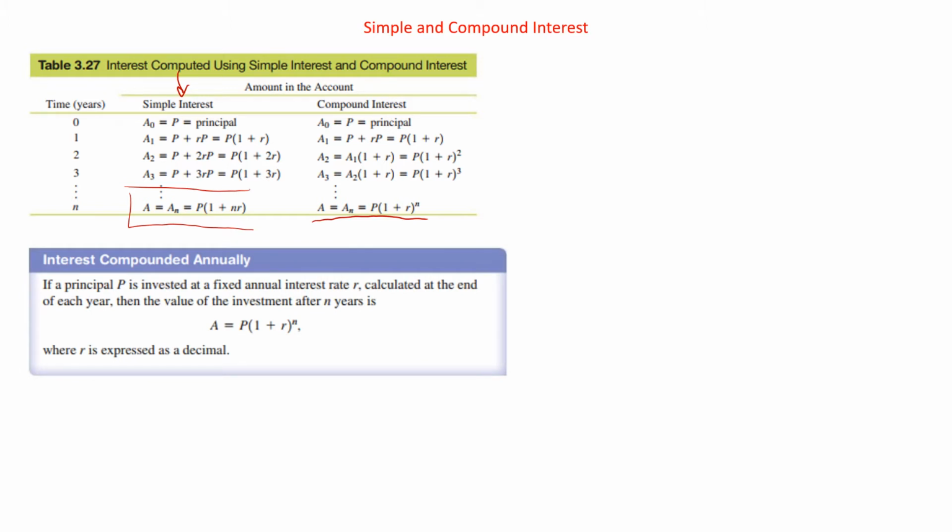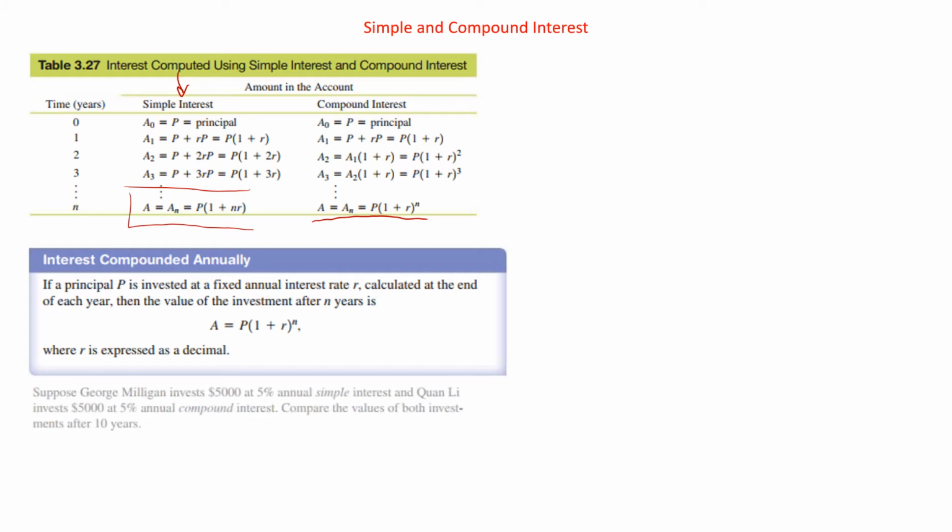And so this is just our interest compounded annually, the formula. It's the same thing we just saw. So we have the fixed interest rate is R, the principal is P, N years. Technically it doesn't have to be years, but being that R is going to be an annual rate, N does need to be in years.